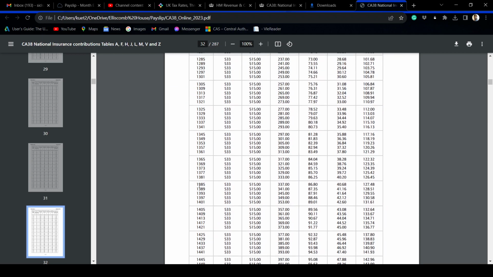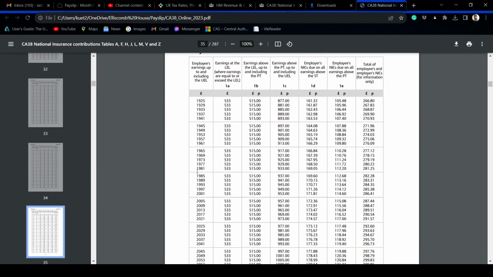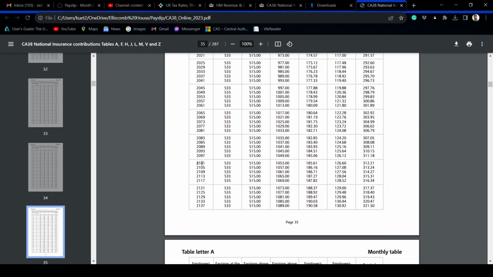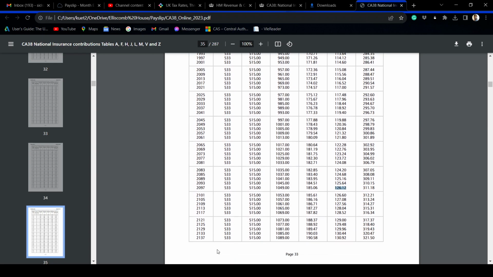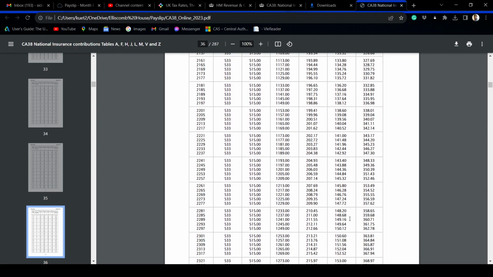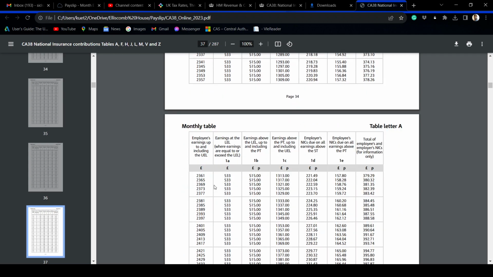So if you're getting nearly, say, £2,000, let's say £2,097, then your employee national insurance will be £126 and 12 pence. The more you earn, the more national insurance you will pay, and after a certain value, the national insurance will become 2% of your overall income. So yeah, it's very easy.